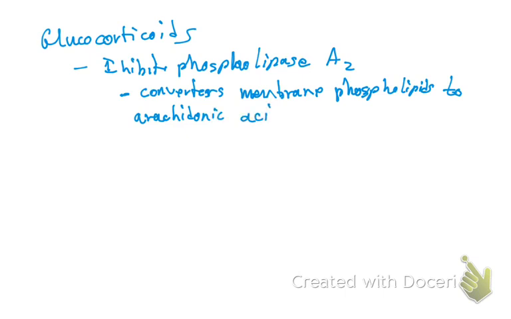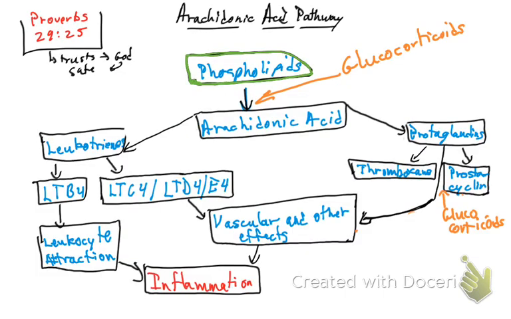If we go to the diagram again, you have your phospholipids, which are in the membrane, and there is an enzyme called phospholipase A2. And then it's blocked by the glucocorticoids.